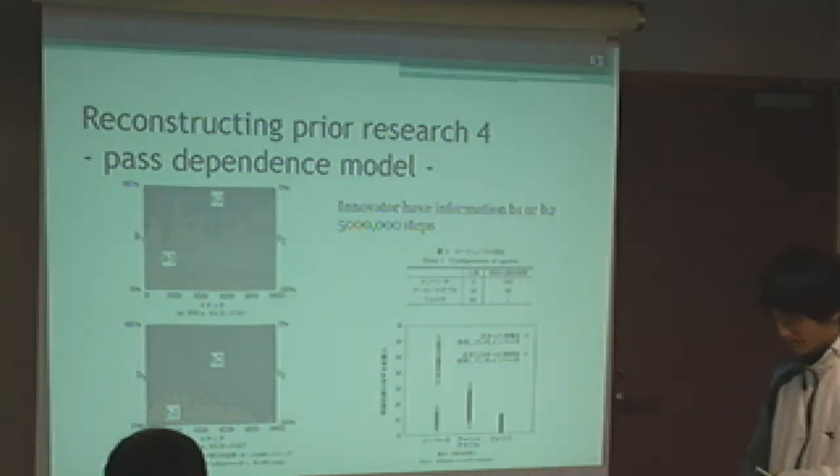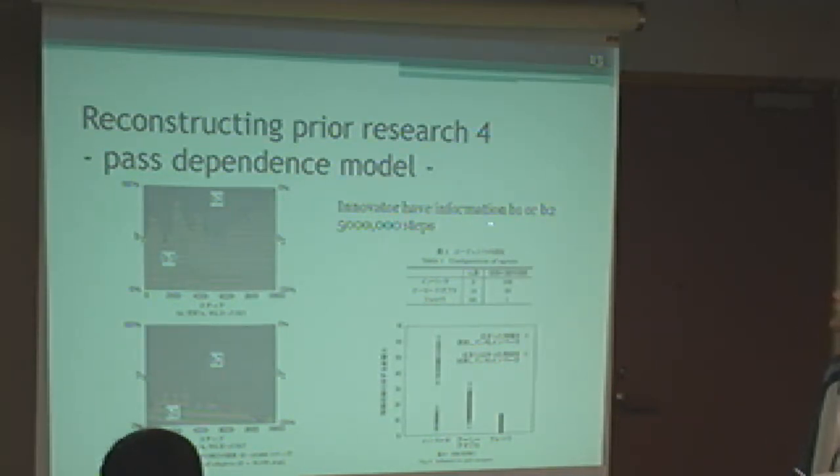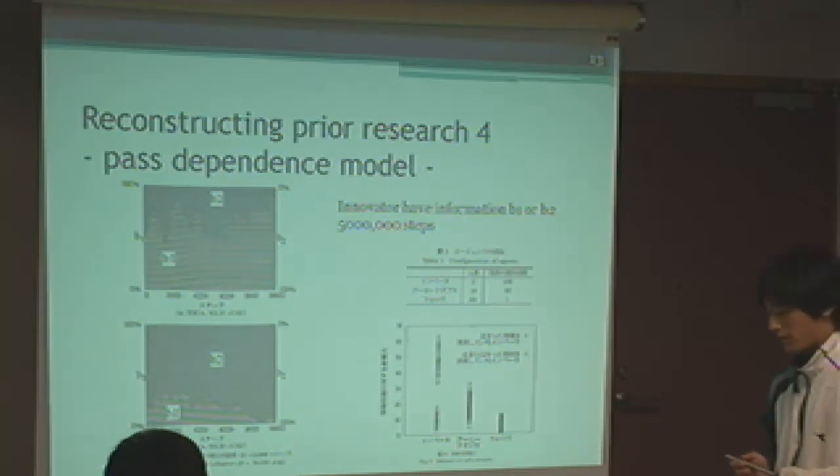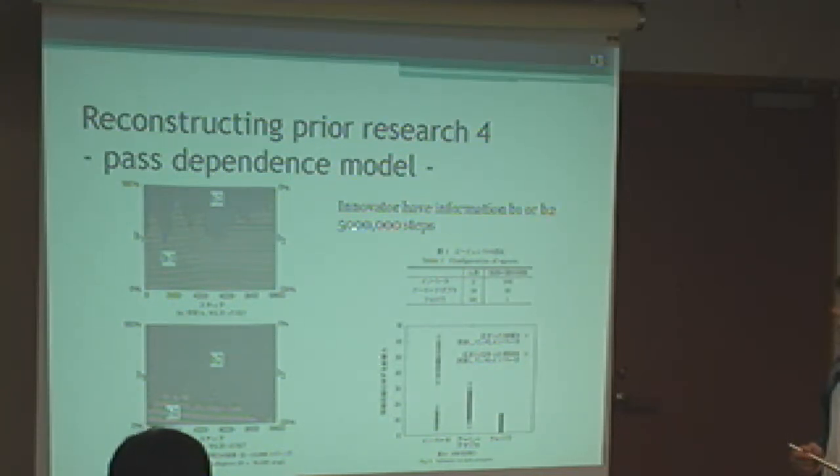And in this paper's simulation, innovators have information B1 or B2. It means there are two innovators in this simulation, and one of them has only information about B1, and the other has only information about B2. And they did 5 billion steps.